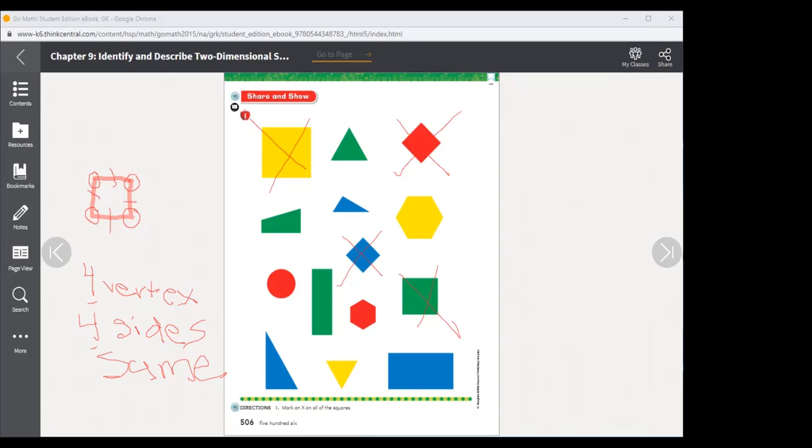The last one right here, I'm going to ask Christian. Christian, this last shape right here, buddy, this blue one, is it a square, yes or no? He's in the restroom. Okay, that's okay, no problem. Let's do Russell. Russell, sweetheart, this blue one right here.